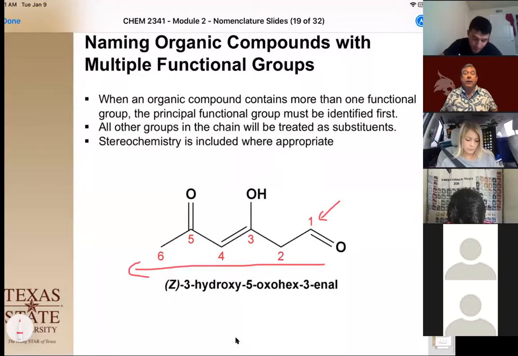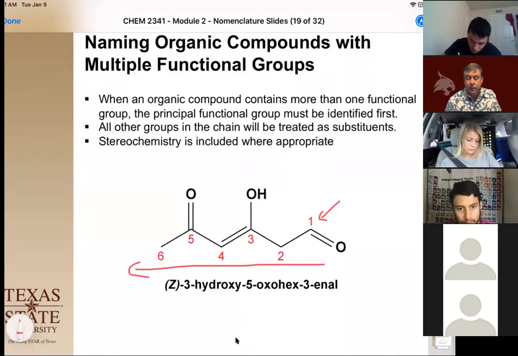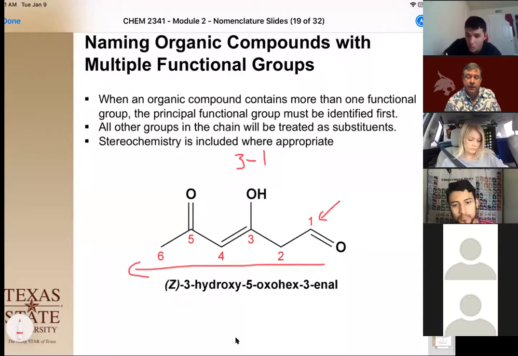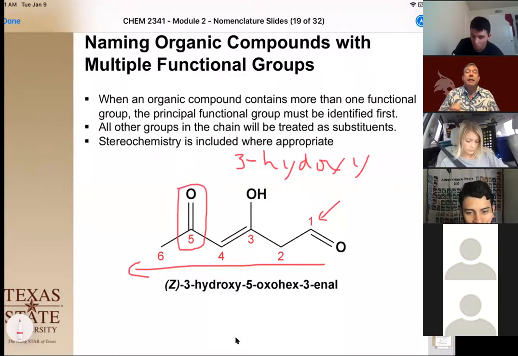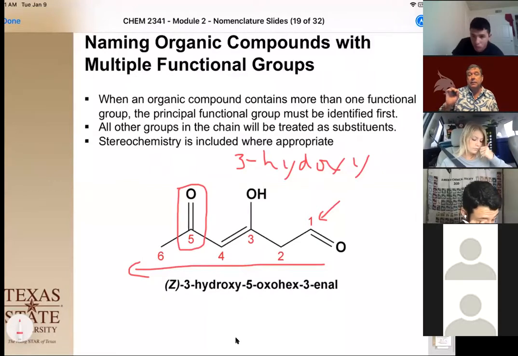Now let's locate all of our other functional sections here. So we're gonna have a 3-hydroxy, because it's not an alcohol, because it's a substituent, so it's hydroxy. We have a ketone on this 5. Now, if we were naming it for the ketone, we have -one at the end, but because it's not the primary, we have to name it oxo.